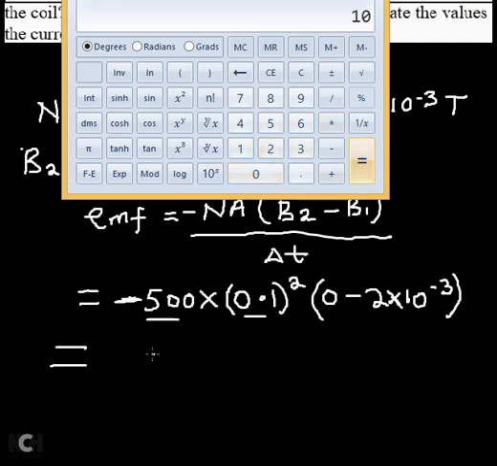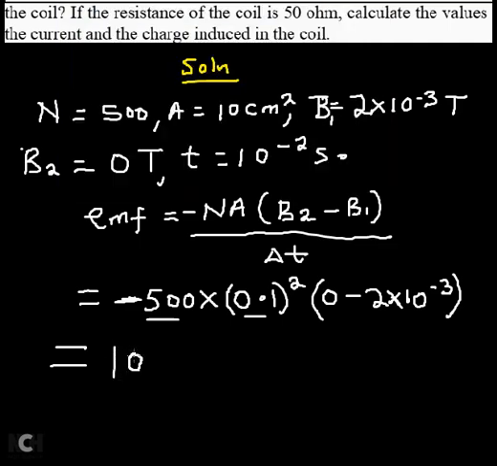That gives me 10. So I'm having 10 times 10 raised to the power of minus 3. This is the same as 10 divided by 1000, which should give me 0.01. So the induced EMF is 0.01 volts. That is the induced EMF.